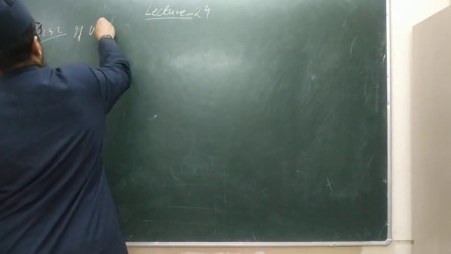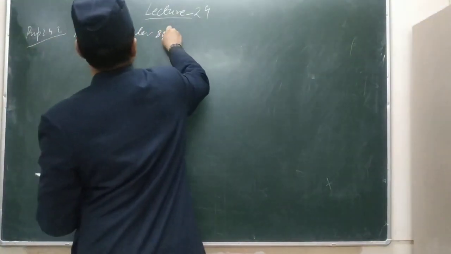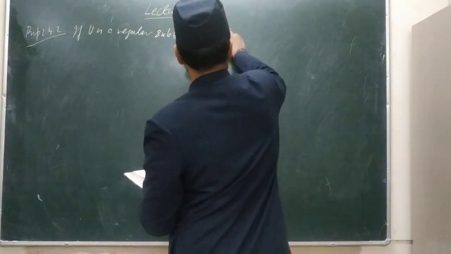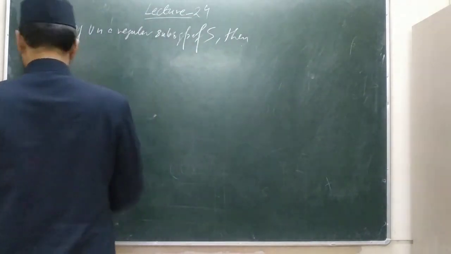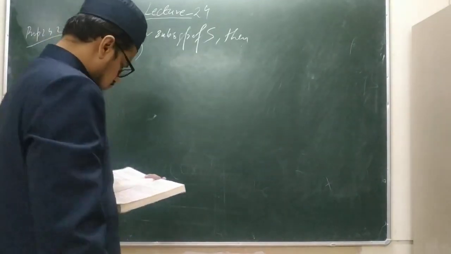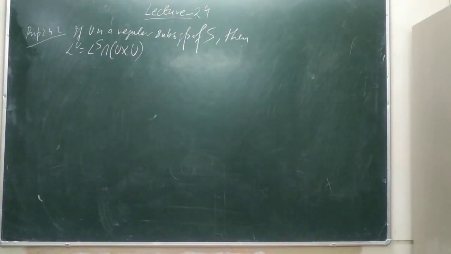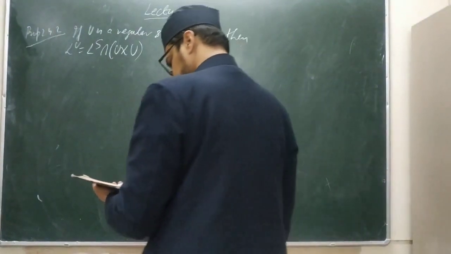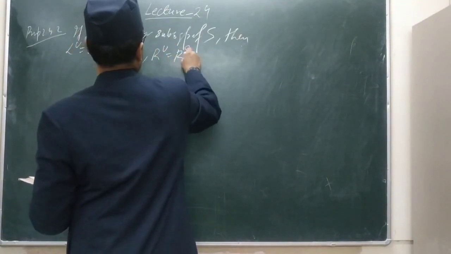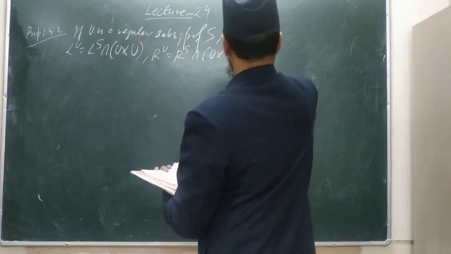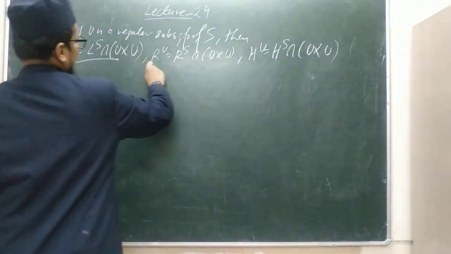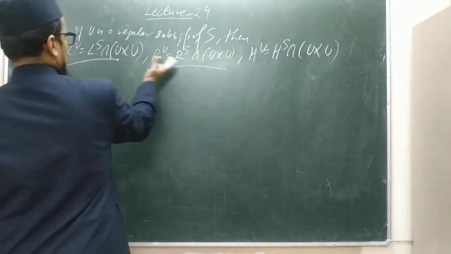If U is a regular sub-semigroup of S, then L_U is equal to L_S intersection U cross U, R_U is equal to R_S intersection U cross U, and H_U is equal to H_S intersection U cross U. So I will do the first one. The second one is the dual of this, and the third one is a consequence, because if these are true, you take the intersection.